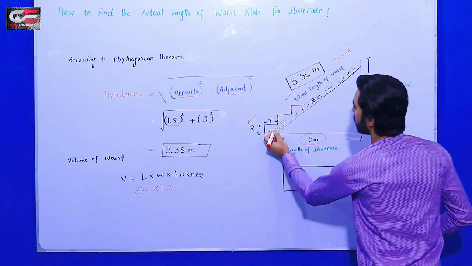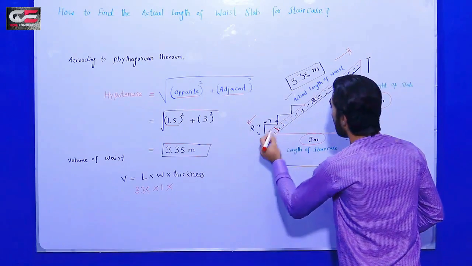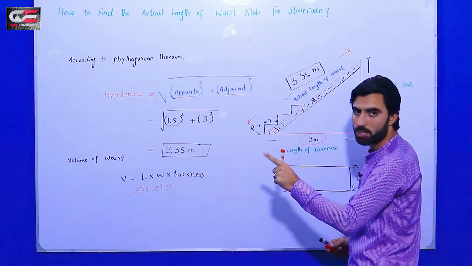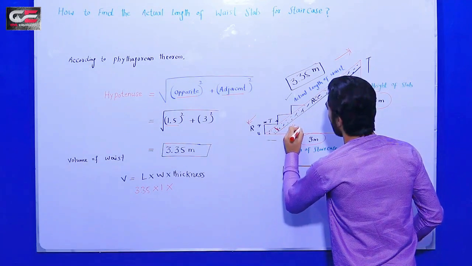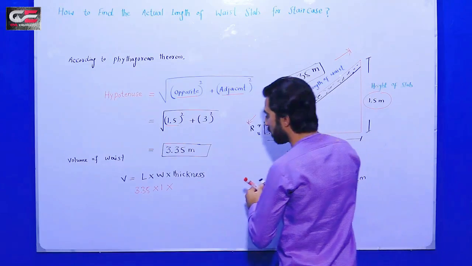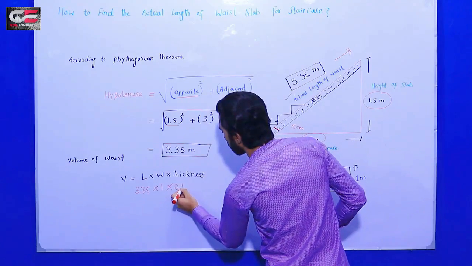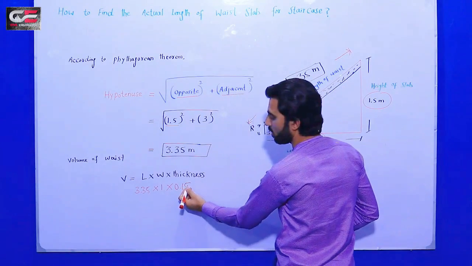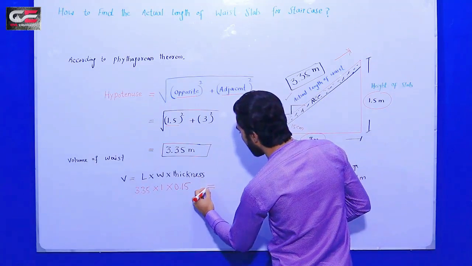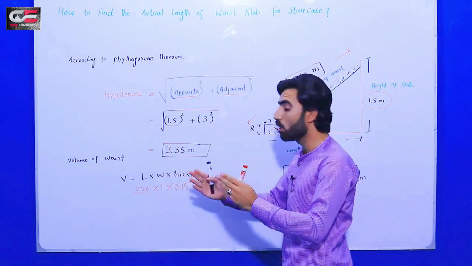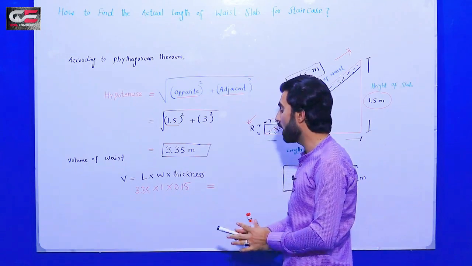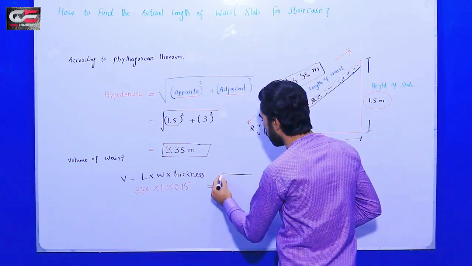The thickness for the waist, especially for a staircase, should be minimum 15 centimeter, so it becomes 0.15 meter. When you calculate 3.35 times 1 times 0.15, you will get the volume in cubic meter.